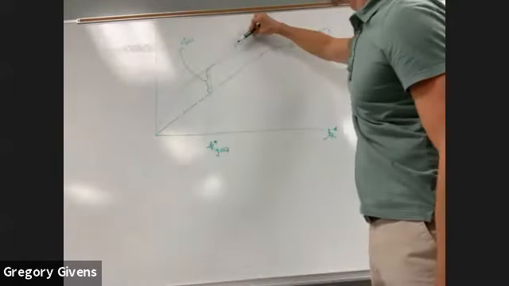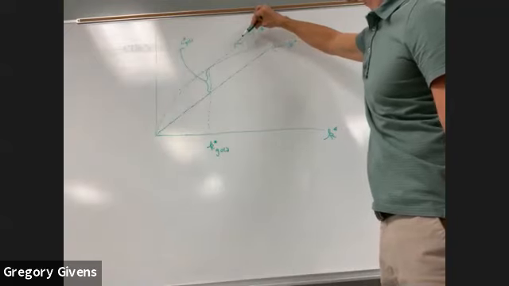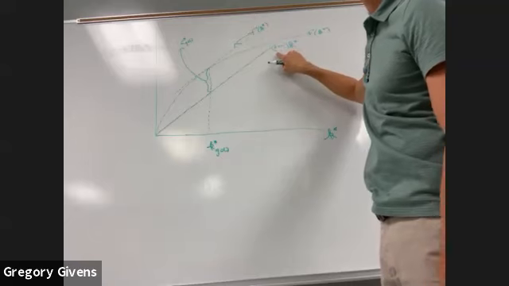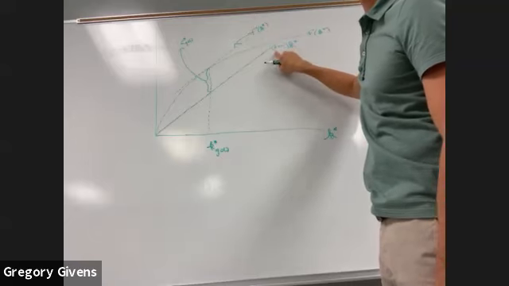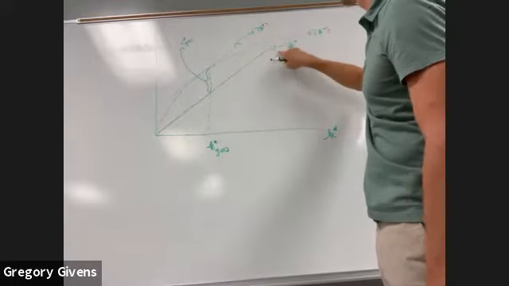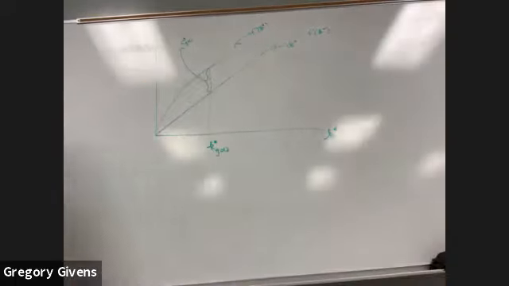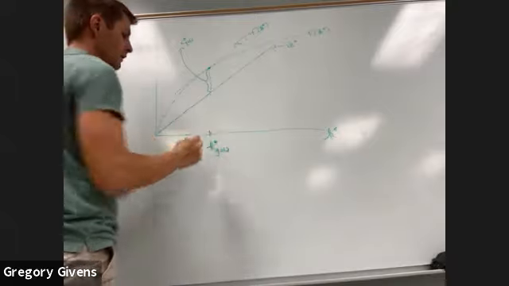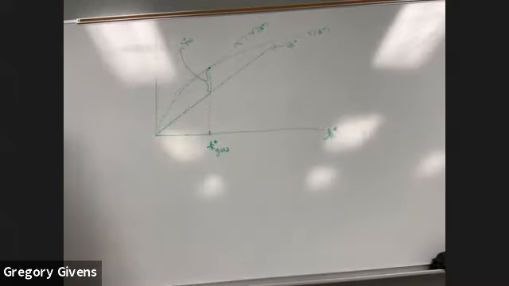The slope of the production function, that is the marginal product of capital, looks like it's parallel with the break-even investment line, whose slope is delta plus n. At that point, the marginal product of capital is exactly equal to depreciation plus population growth. This identifies where the golden rule level of capital is.